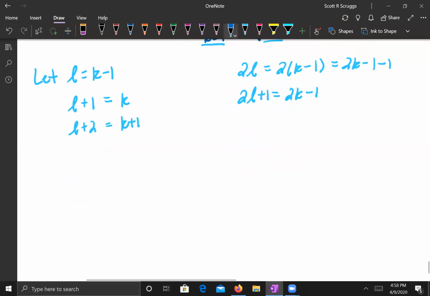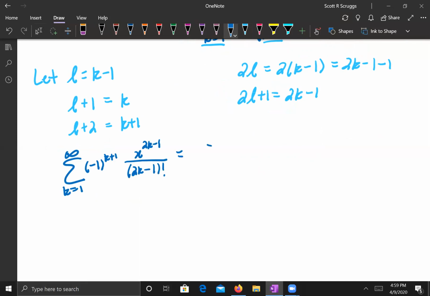And now with that scratch work done, I can rewrite the sum from k equals 1 to infinity of negative 1 to the k plus 1 power x to the 2k minus 1 power over 2k minus 1 factorial as the sum from L equals 0 to infinity of negative 1.